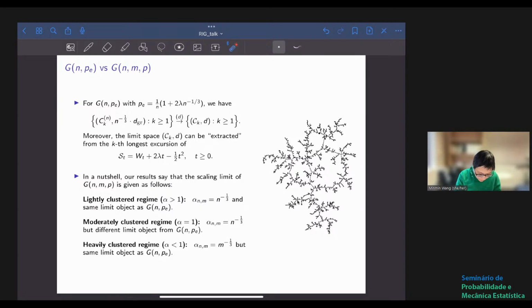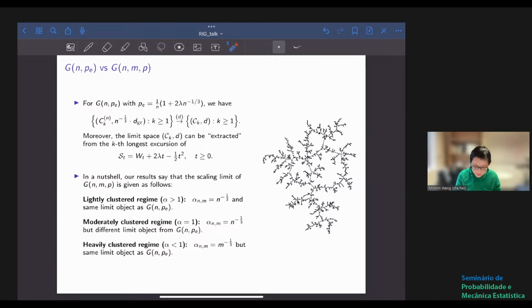If you go to moderate clustering, the order of the diameter is still the same, n to the power 1/3, but the limit object is different. It still has a relation with the Erdős–Rényi graph, but it's certainly something different. And finally, if you go to the heavily clustered regime, then the order of the diameter changes to a smaller power of n, much smaller than n to the 1/3, but you have the same limit object.